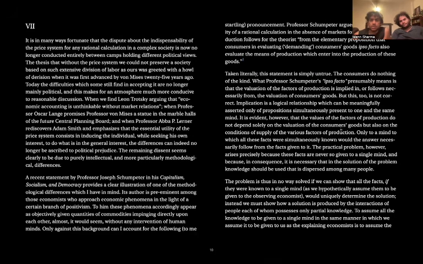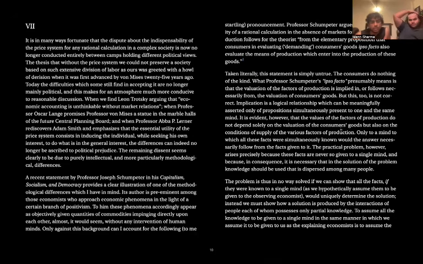Implication is a logical relationship which can be meaningfully asserted only of propositions simultaneously present to one and the same mind. It is evident, however, that the values of the factors of production do not depend solely on the valuations of the consumers' goods, but also on the conditions of supply of the various factors of production.